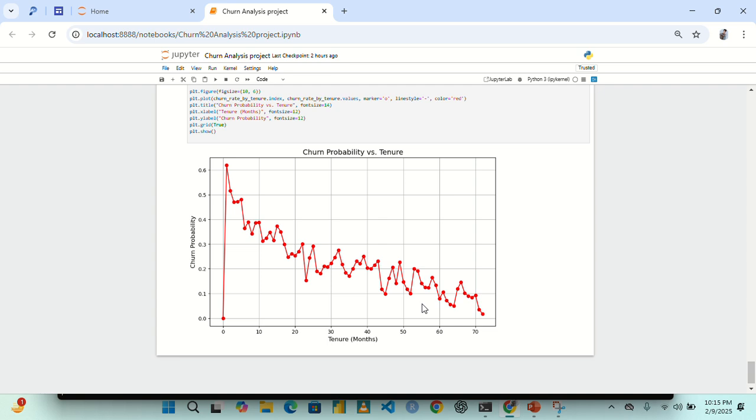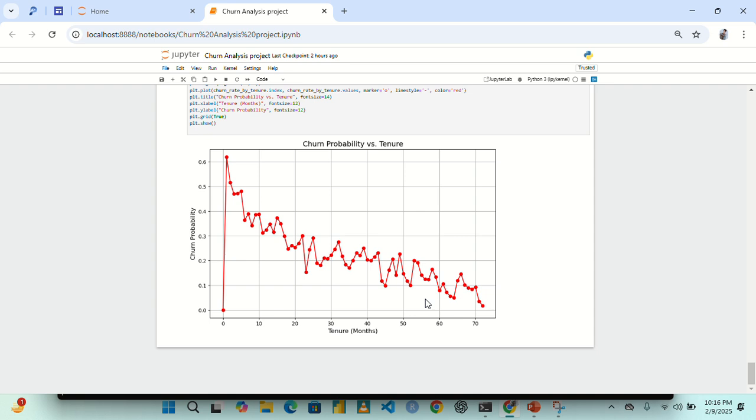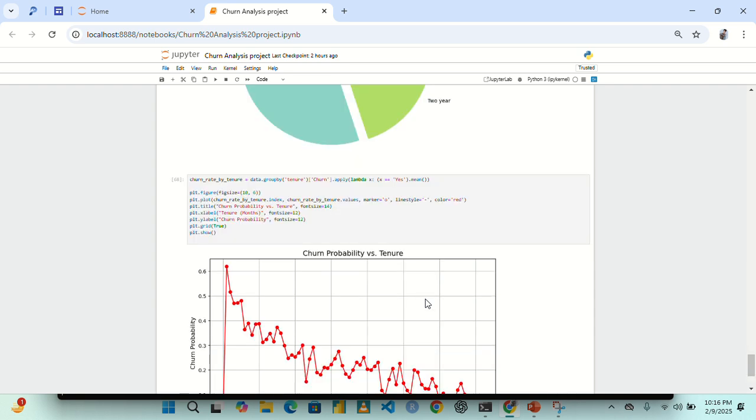The second point I found from the graph is that retention improves over time. Customers who stay longer become more loyal. The last point I found is that the company should focus on retaining new customers by improving the onboarding experience or offering incentives for long-term engagement. So this is a project about telecom churn.